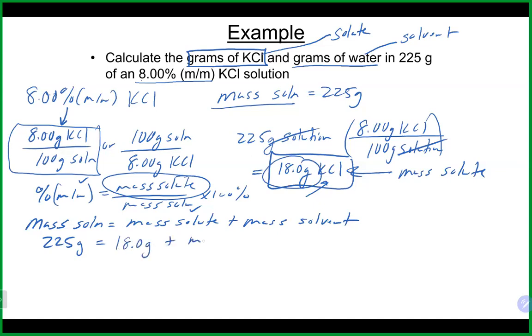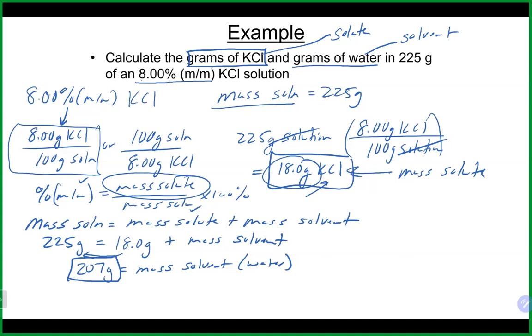And that leaves the mass of our solvent, which is our water in this case. If I subtract the 18 to the other side, that gives me the mass of the water, which looks like 207 grams of water would be necessary.